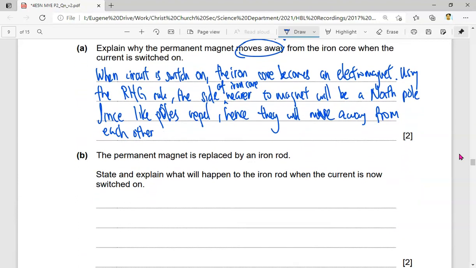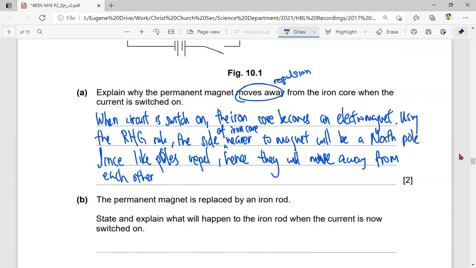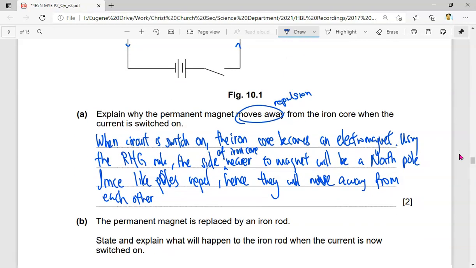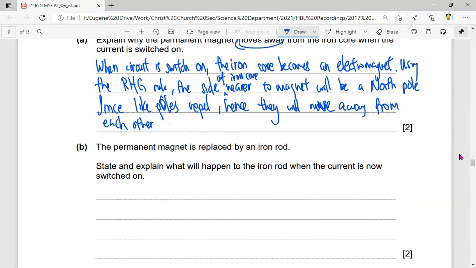Next, the permanent magnet is replaced by an iron rod. So instead of having a permanent magnet here, now it's just an iron rod. Now what exactly will happen next when the current is switched on? So the first part is still the same thing.